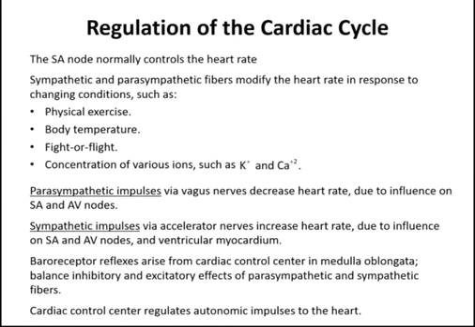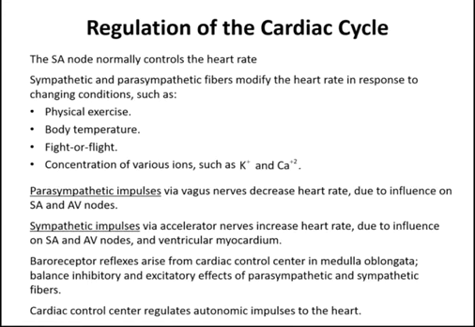Parasympathetic impulses, carried by the vagus nerve, cranial nerve 10, are going to carry to the SA and AV nodes and have your heart rate reduce. It's going to reduce your heart rate.